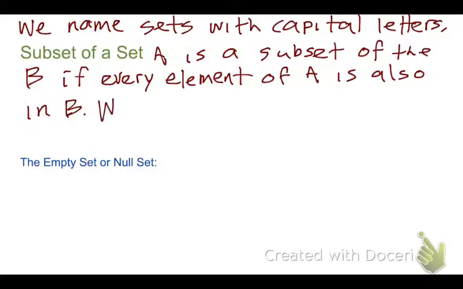We write A is a subset of B with what appears to be a sideways, some would say a C, but more like a sideways U with an equal sign. It's very much like an inequality symbol, but it's for sets.